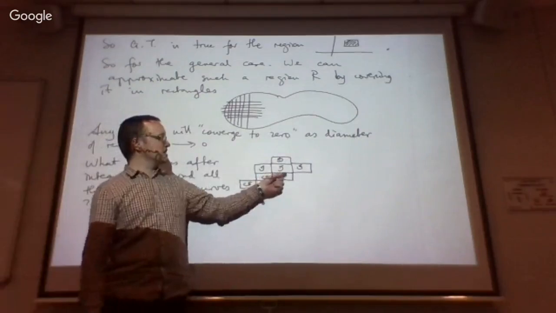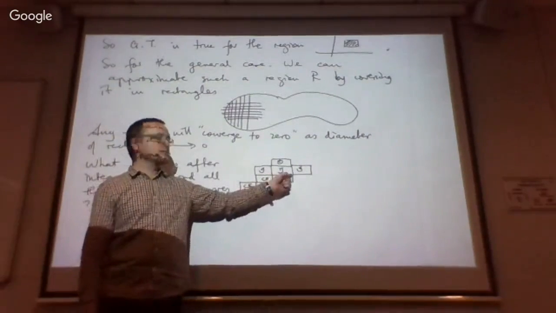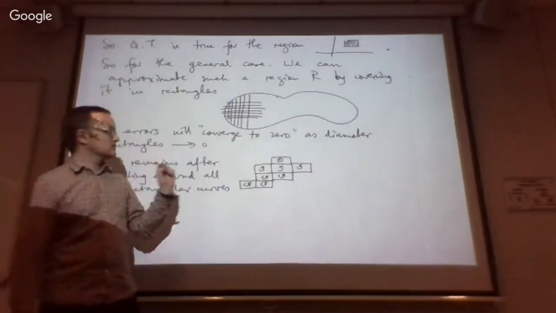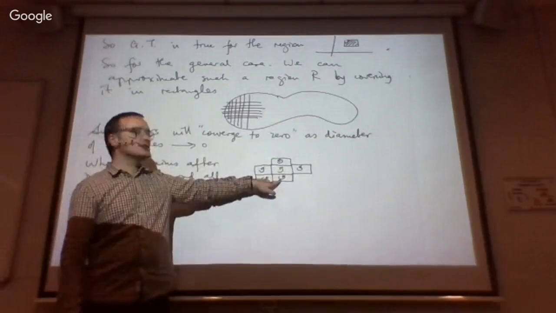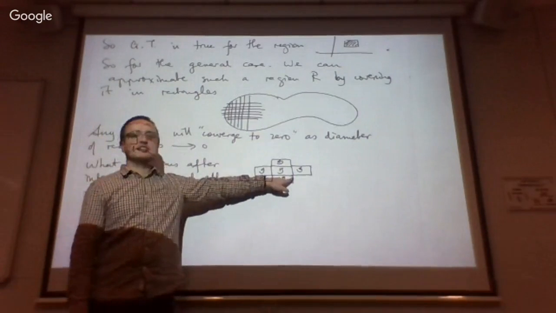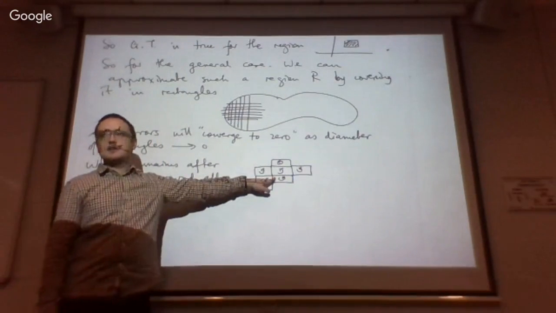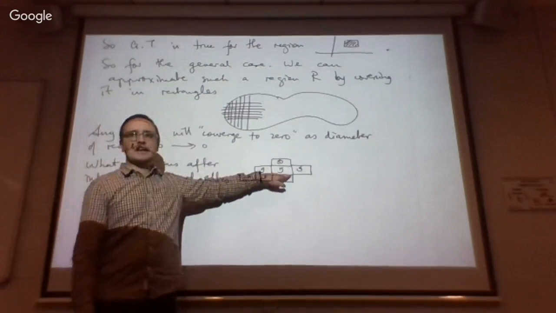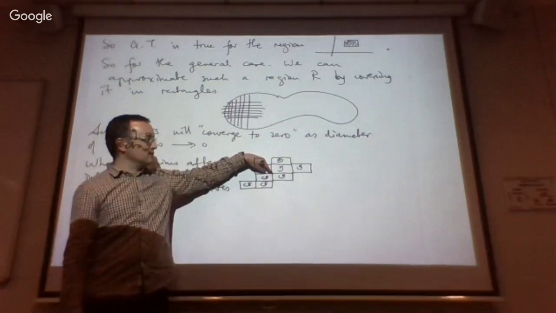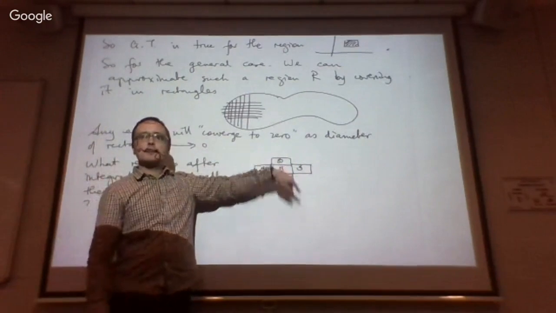And if you look at one of the interior edges, you end up integrating over it twice. So this edge here, once it's the top edge for this bottom rectangle, then we integrate along the edge right to left. But that edge is also the bottom edge for the rectangle above it. And then when you're integrating along it, you integrate along it left to right.